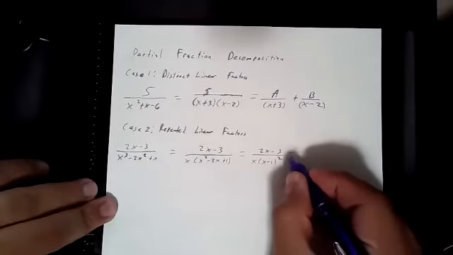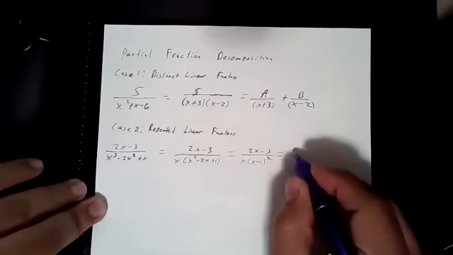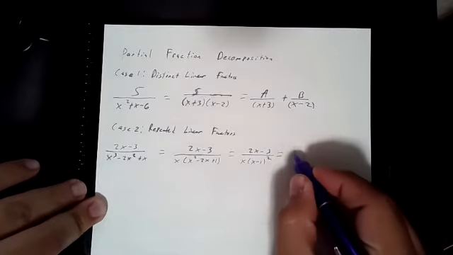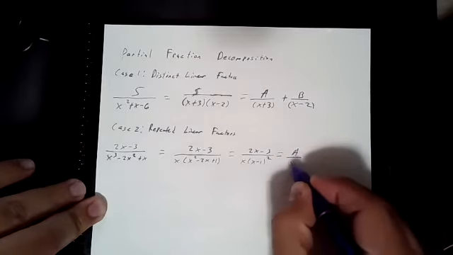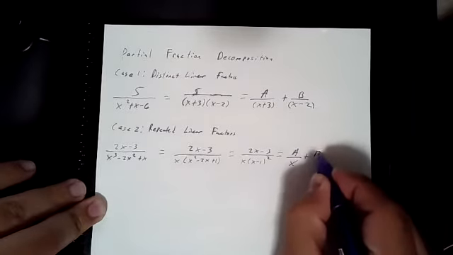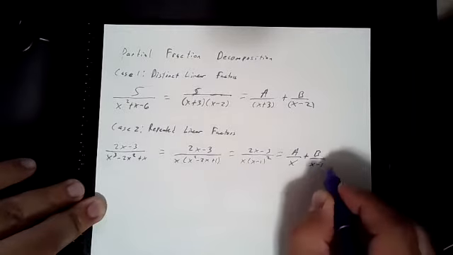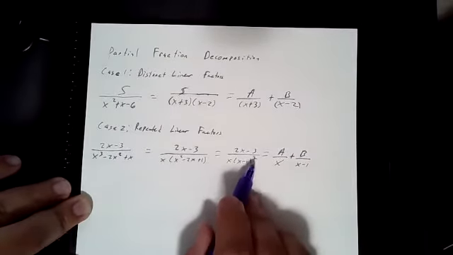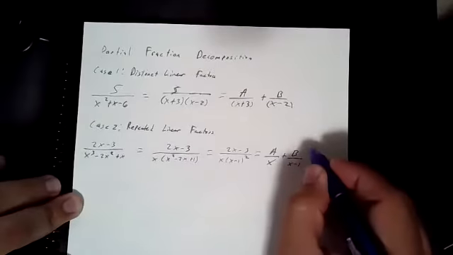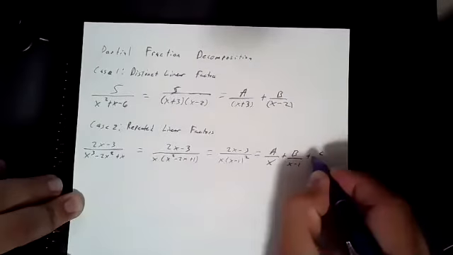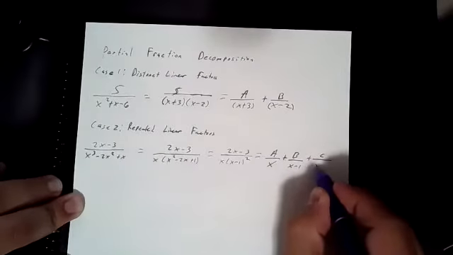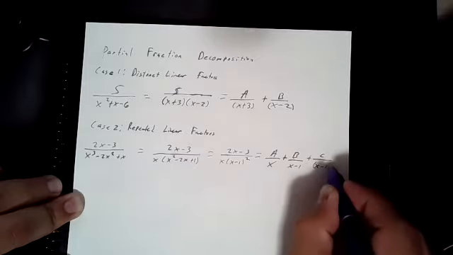So what you do is you go A over the first one plus B over the second one. So you start with the first factor, the first power, and you count up until the final power. So this one's 2, so you stop at 2.